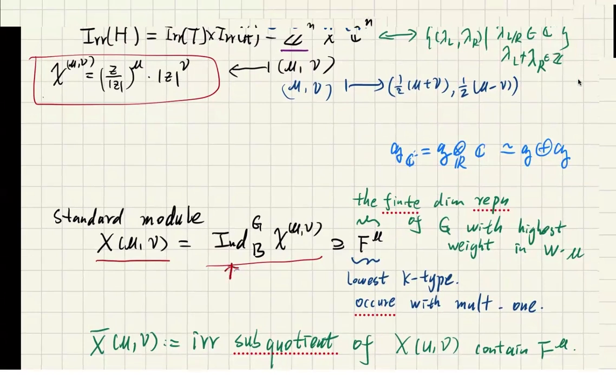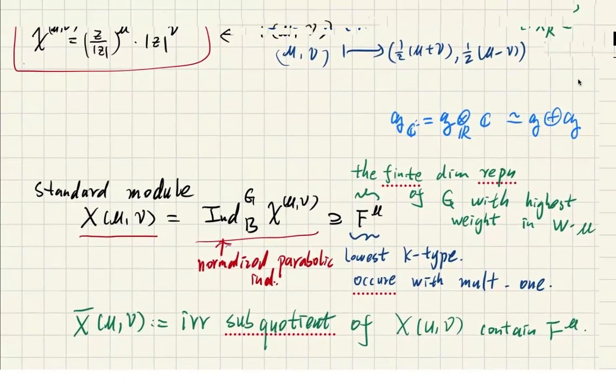So this is normalized parabolic induction. The normalized parabolic induction basically specifies the condition that it sends unitary representations to unitary representations.